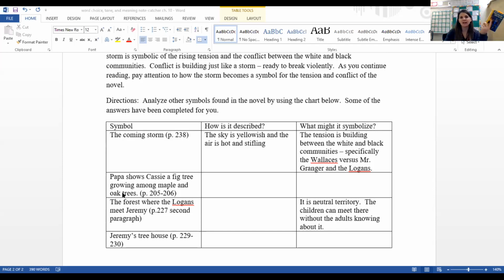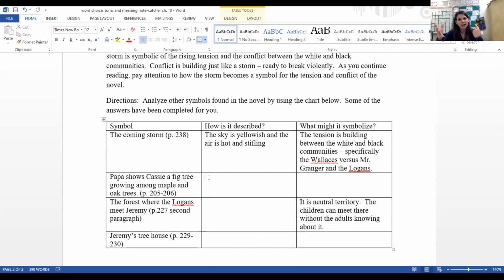Now this one is nice because Papa tells what the symbol is. So first of all, start with how, in this box, how it's described. The fig tree is small among bigger trees, but it has roots and it belongs there, right?